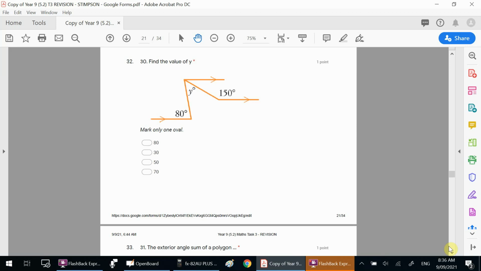They add up to 180, so there's got to be 30. And then we've got parallel lines as well, and we've got a transversal there, which means that this one, they're alternate, so they're equal. So that is 80. So that's got to be 50.